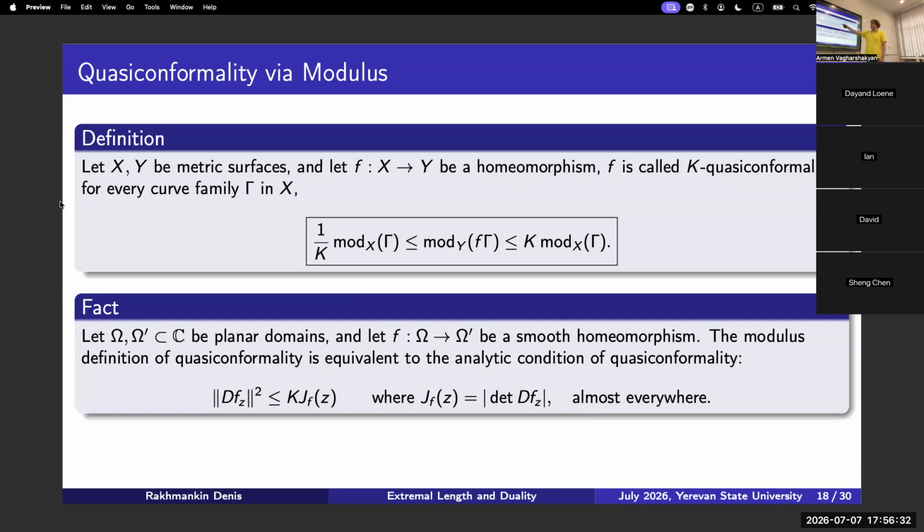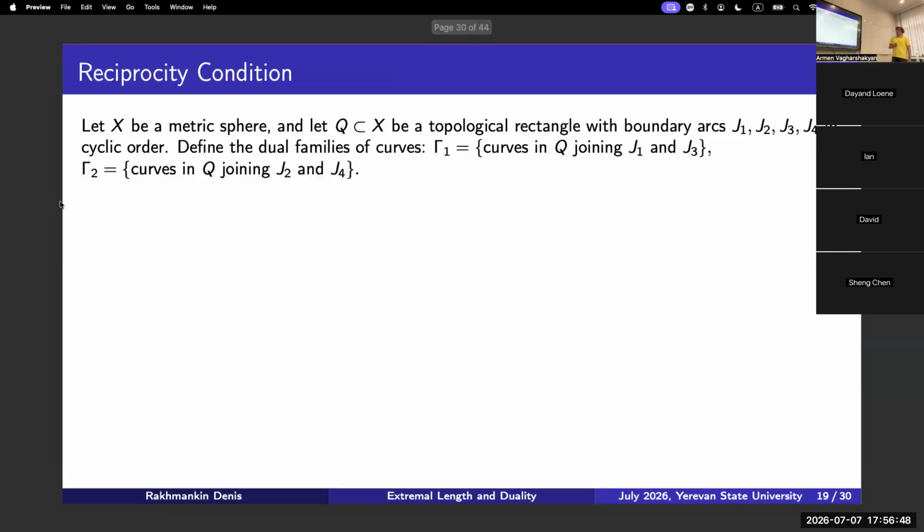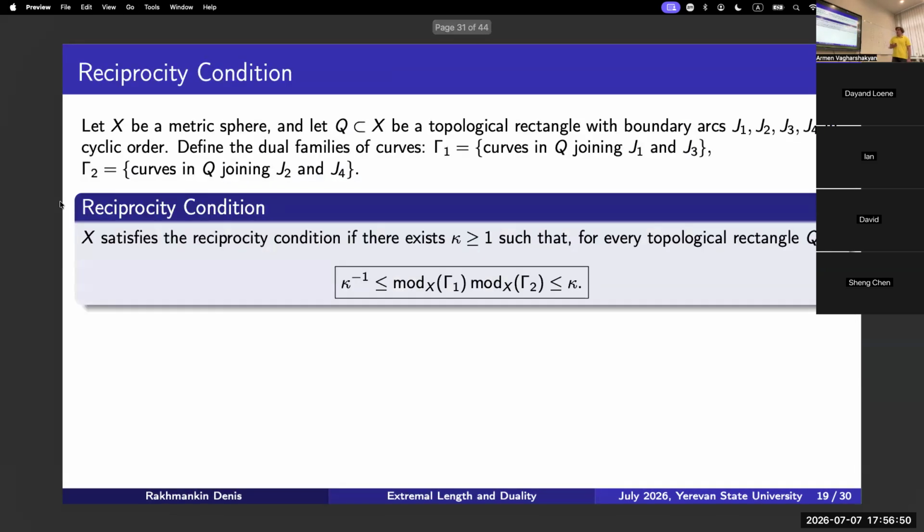The definition is that we should have an upper and lower bound on the modulus of images of every family of curves. Okay, let's give another definition.